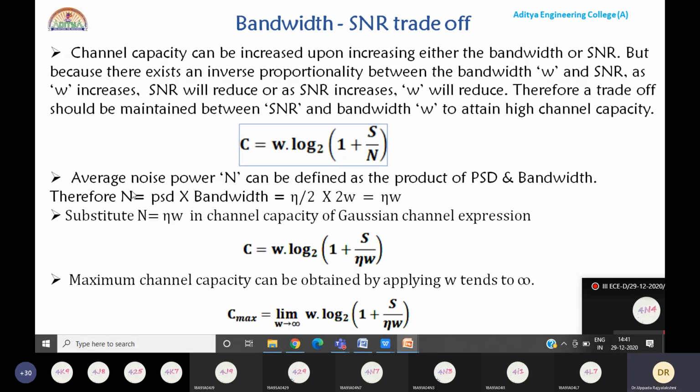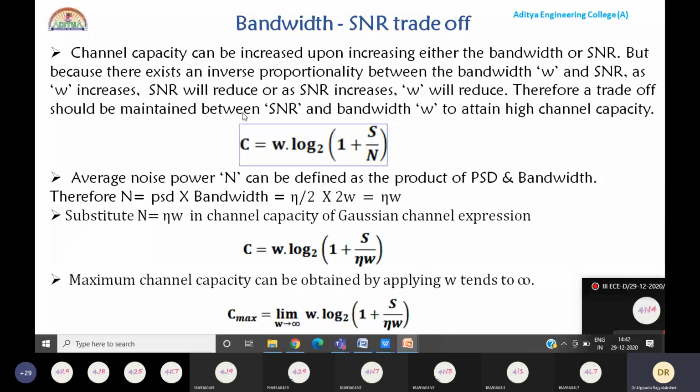Now let us consider the equation S by N, where N represents the noise power. Already I told you N refers to the noise power. It is defined as a product of noise power spectral density and bandwidth. Here the noise is considered to be white and Gaussian, so its power spectral density is eta by 2. So many times we considered this expression. So N is equal to noise power spectral density multiplied by bandwidth.